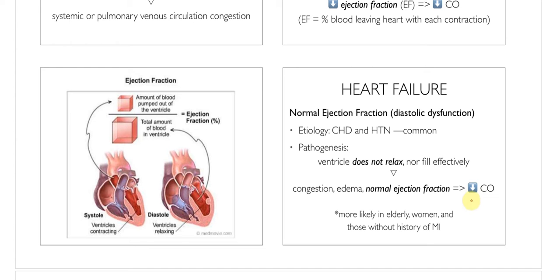So while we have a reduced cardiac output, we will have a normal ejection fraction. It's important to remember that this is the form of heart failure that is more likely to occur in women, elderly, and those without a history of MI.